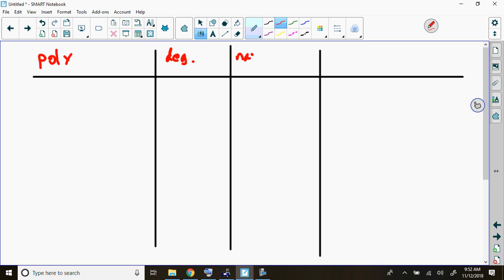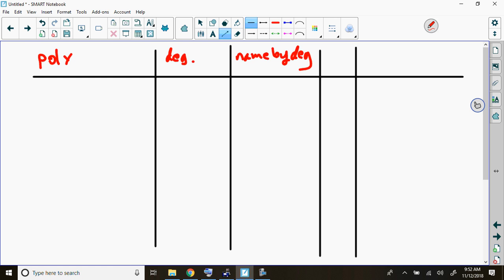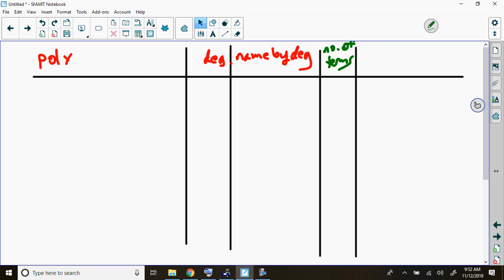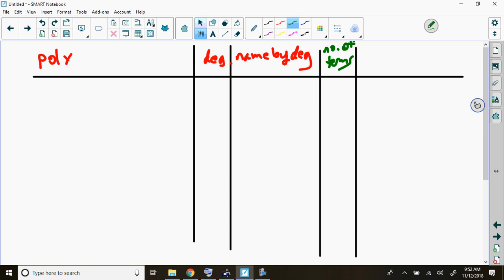We'll write their name by degree. Going to need a couple more columns. Number of terms. And finally, their name by number of terms.